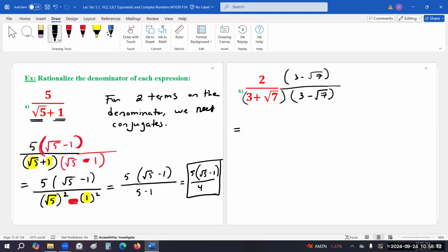Since you have 2 singles, actually let's keep our numerator. Tell me what to do on the denominator. Go ahead, Skylar. So we have 3 squared minus square root of 7, which is squared.